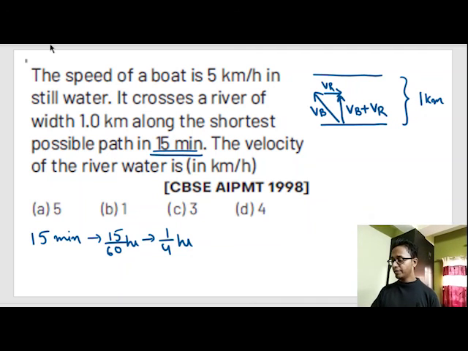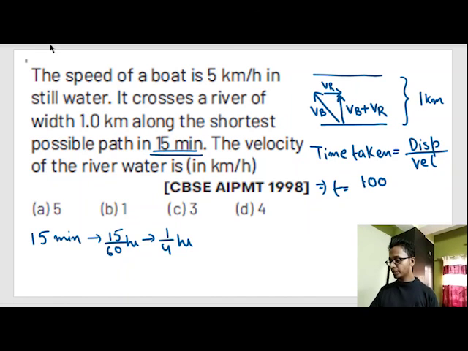So time taken is given by the formula distance or displacement by velocity. Displacement is nothing but 1 kilometer. Let's not convert them into meters, let's take 1 kilometer by velocity.